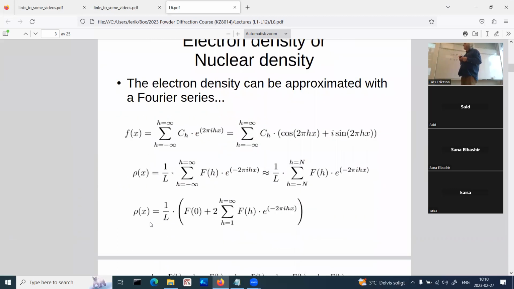The electron density or the nuclear density, depending on what kind of probe, whether it's X-rays or a neutron, is essentially just a Fourier expansion, a long infinite expansion.